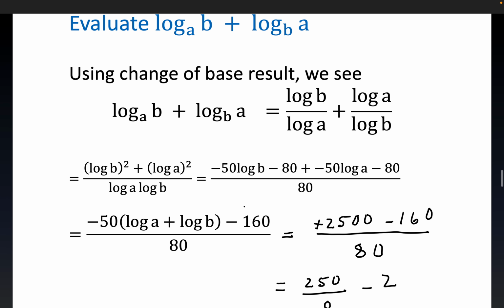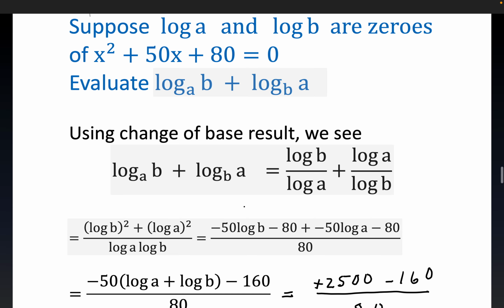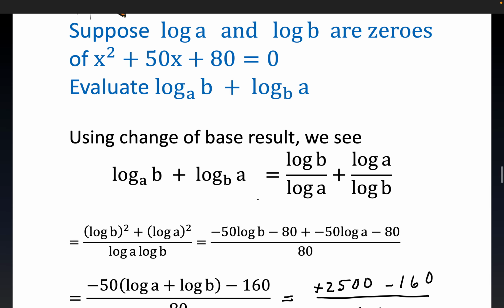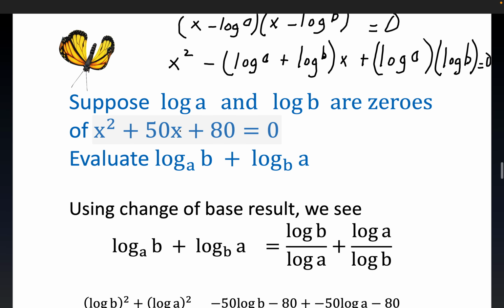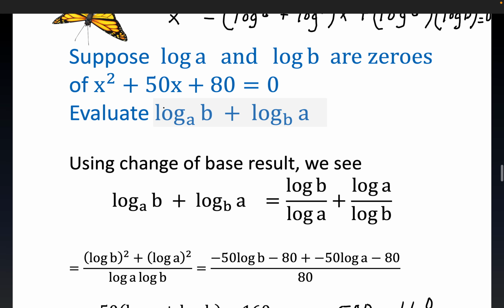One thing that was kind of hard for me to notice at first was that going from here to here, you're bringing the 50x minus 80 to the other side. If you're wondering how in the world log b squared became minus 50 log b minus 80, well, literally, it's just bringing these two terms over to the other side.